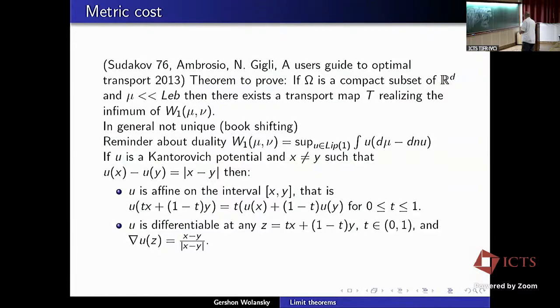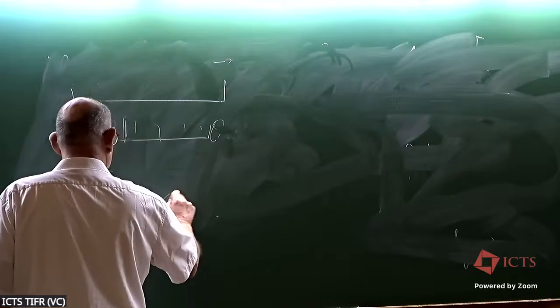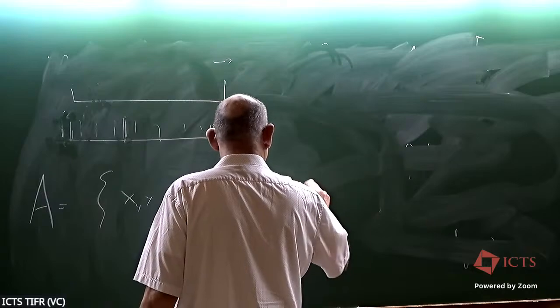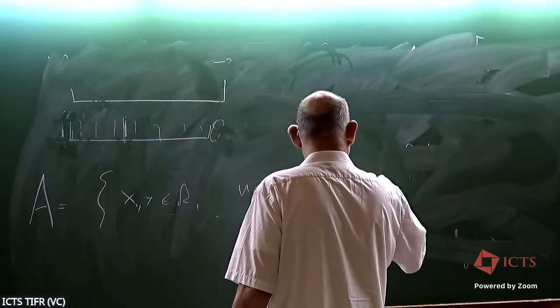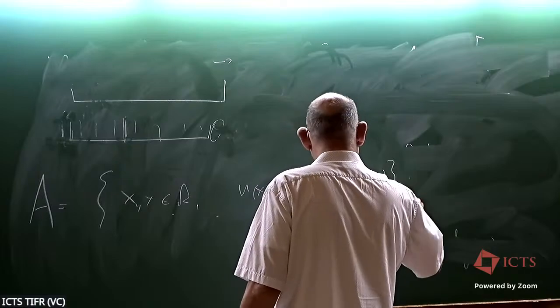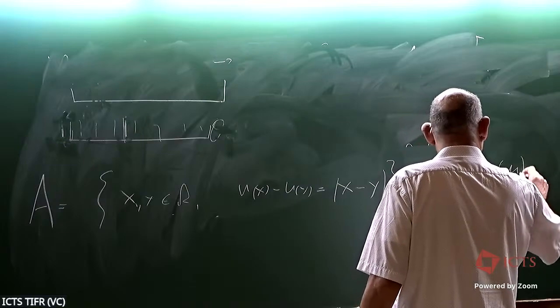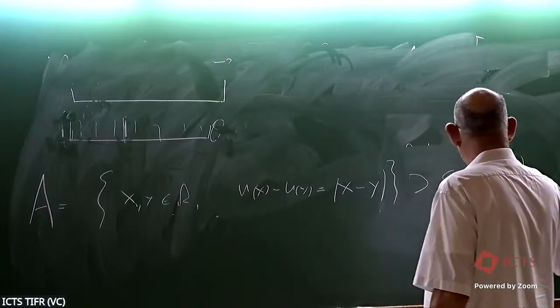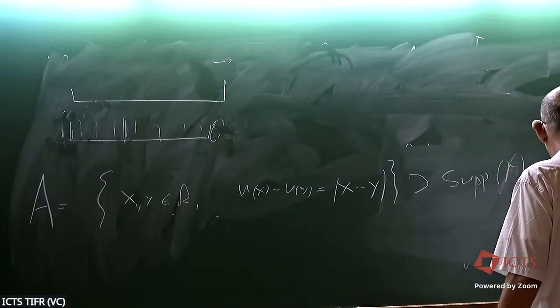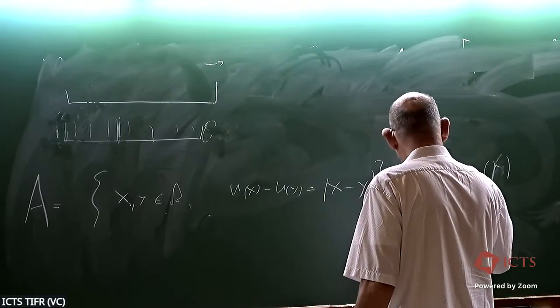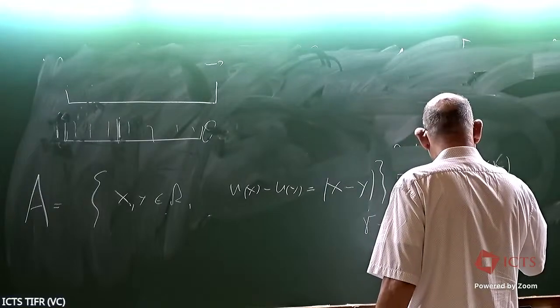So we call it set A. So A is the set of all points x, y in omega such that u(x) minus u(y) equals |x minus y|, and this contains the support of gamma, where gamma is the optimal transport.